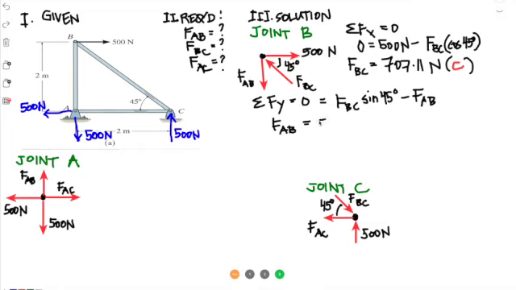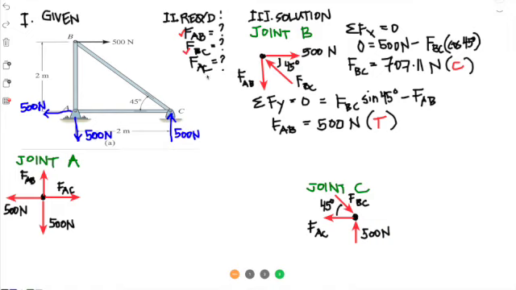So FAB is also equal to 500 newtons, and it tends to elongate point B, so it's a tensile force. So let's write T. It's a positive value, it means that our assumption is correct. Okay, so we already solved for FAB and FBC.